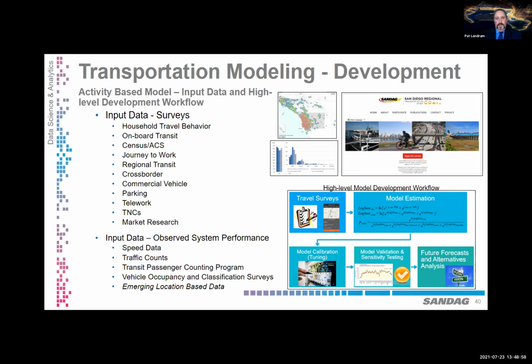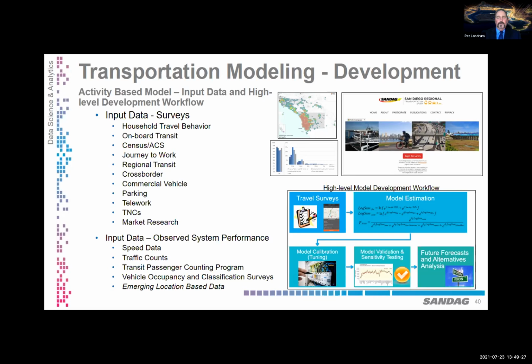What we're currently looking at is some of the big data that Cindy mentioned that Ray had alluded to. This emerging data, such as location-based data, particularly on the transportation system performance side, is something we've embarked on over the last couple of years. We had some small pilot projects where we have acquired data. We recently executed a contract with Streetlight Data Incorporated, one of the leading transportation system performance data providers.